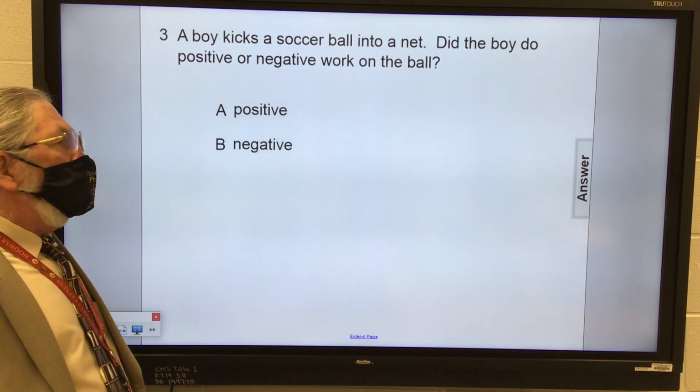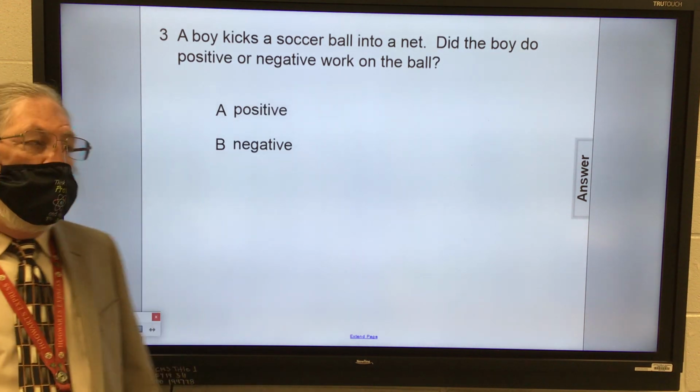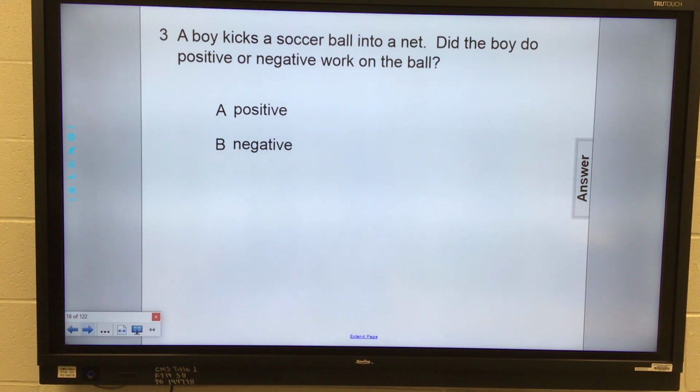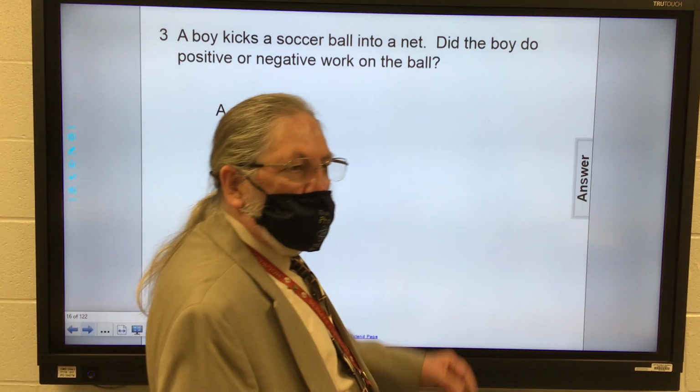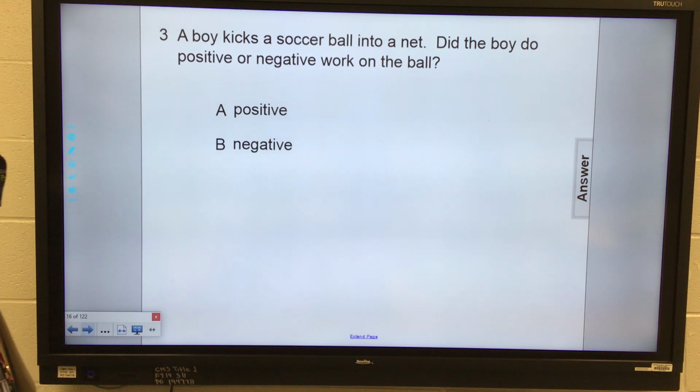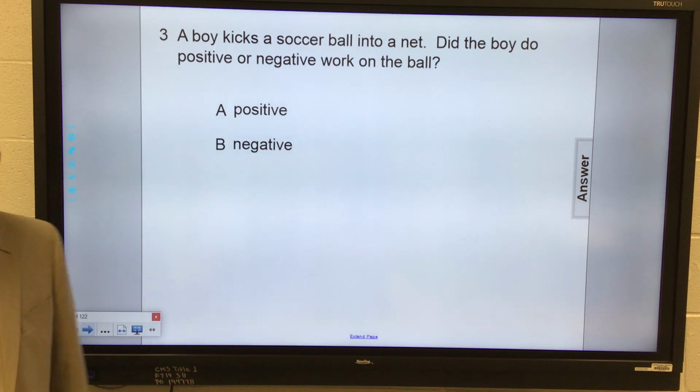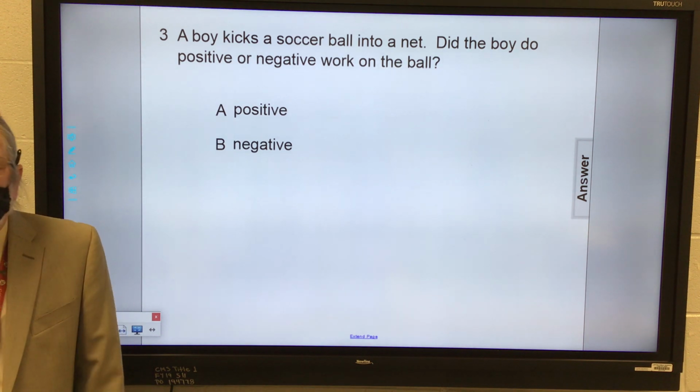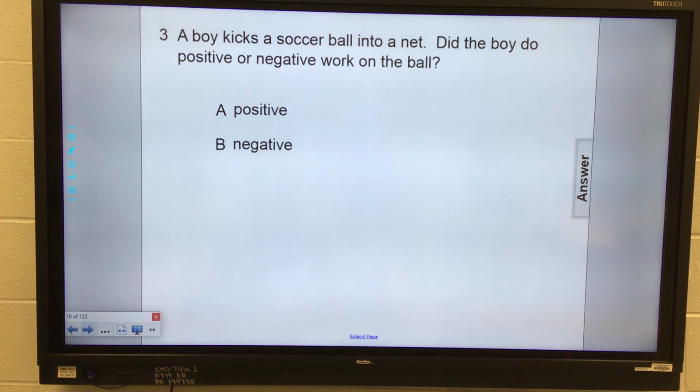Okay, so look here, a boy kicks a soccer ball into a net. Kicks the soccer ball into the net. Is he doing positive or negative work on the ball? A or B, that should be an easy one. You guys all should make 100s on this one here. This is easy.